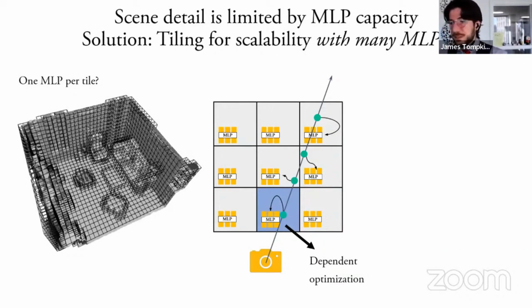That means that I'm going to have to query lots and lots of different MLPs for every ray along my scene. And this is not particularly scalable because all of the pixels are interdependent with all of the different MLPs, right? And somehow to make this scalable, I have to break this dependence within the optimization on individual locations and the rest of the scene.